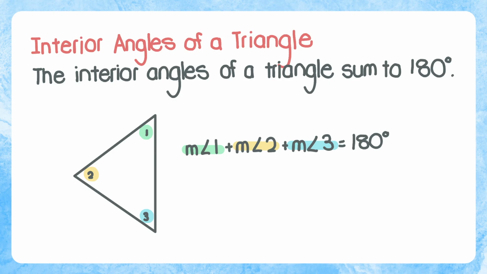We know that the interior angles of a triangle sum to 180 degrees. In this diagram, the measure of angle 1 plus the measure of angle 2 plus the measure of angle 3 equals 180 degrees. We will use this idea to find interior angles of other polygons today.